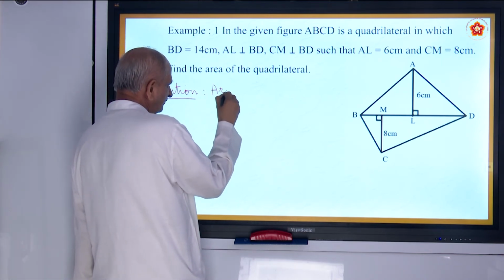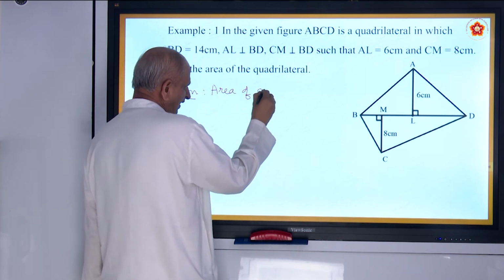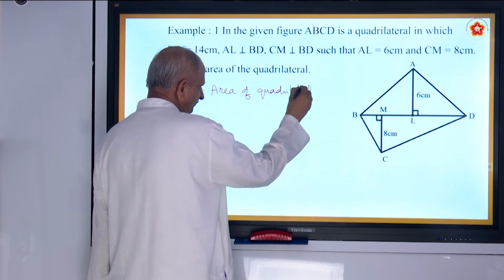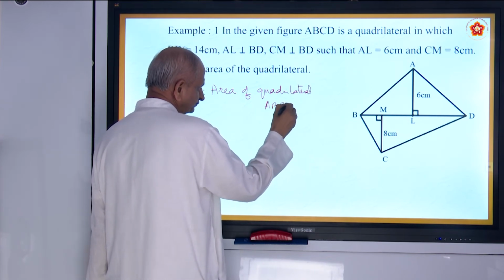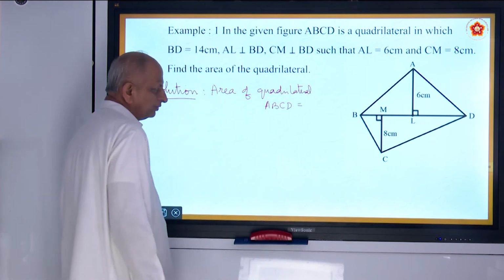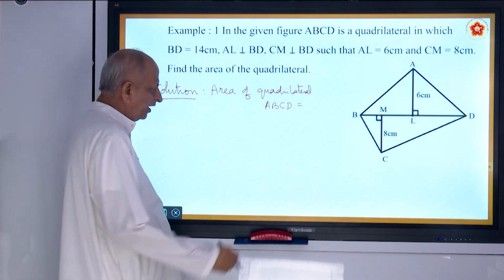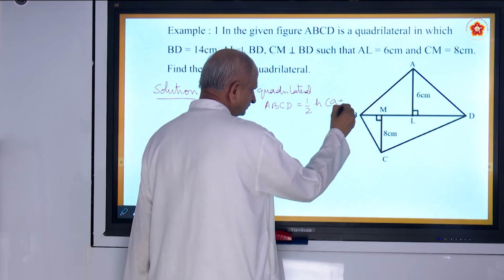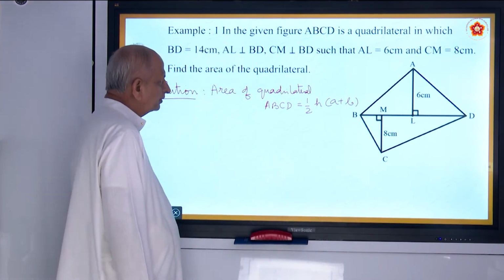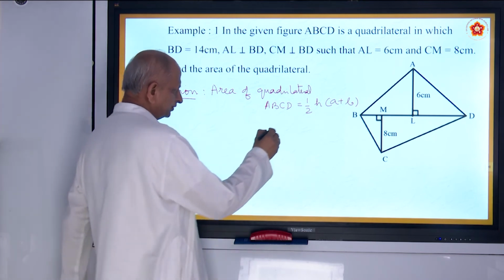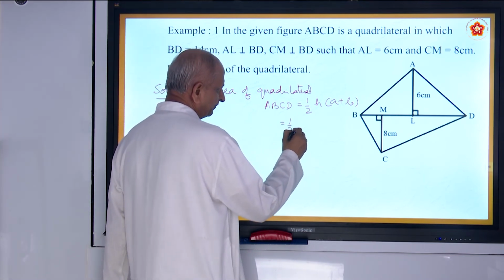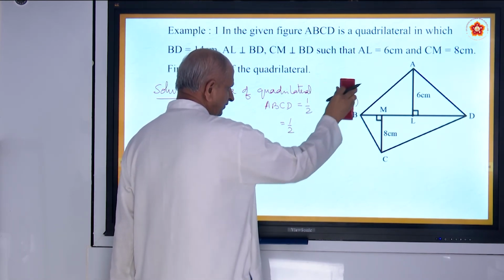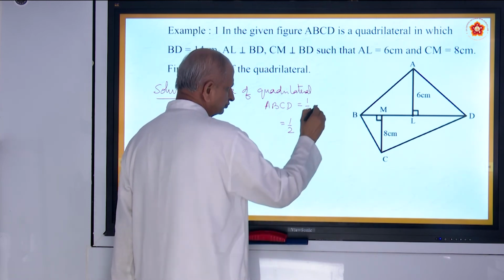So, what is the formula? Area of the quadrilateral ABCD is equal to half of H into A plus B. Or you can also write it as half of D into H1 plus H2.